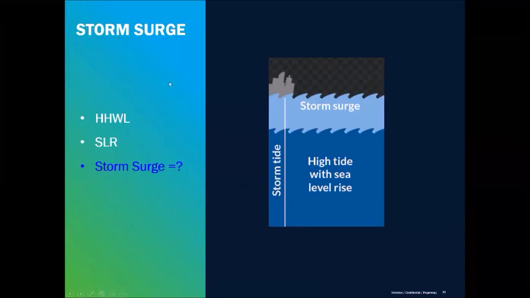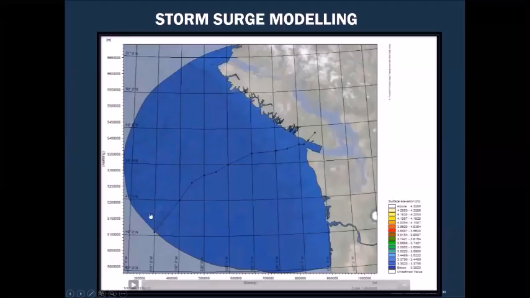So next, we have the high water level, and we know the sea level rise, and we need to include the storm surge. When we have a storm, there will be a storm surge, with water pushed by wind. It's a simple example.